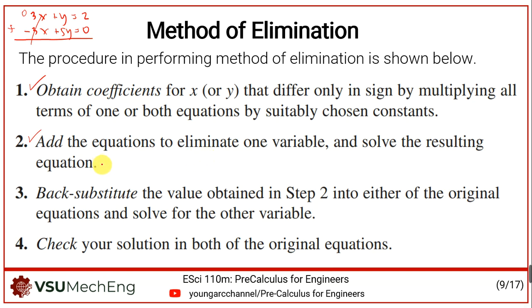Once you solve for the other variable, that is variable y, after you eliminate x, next use the value for y and substitute this back to either original equation 1 or equation 2 to solve for x. And after that, don't forget the last step: check your solution whether it satisfies the original equations or not.